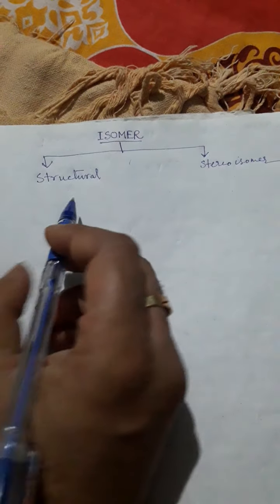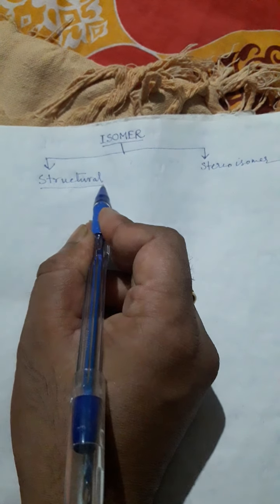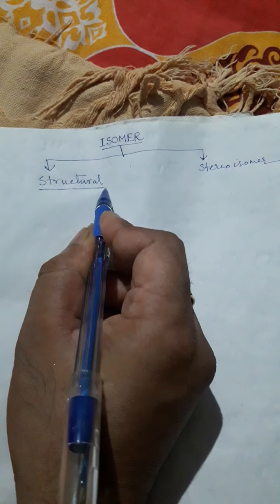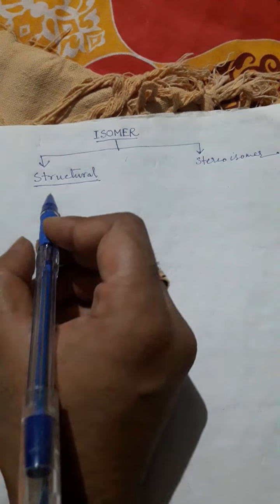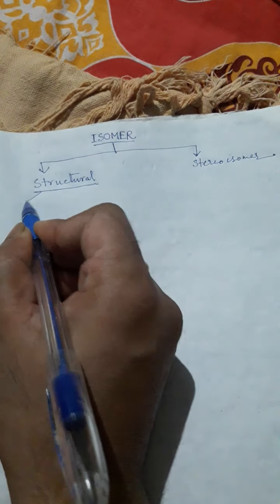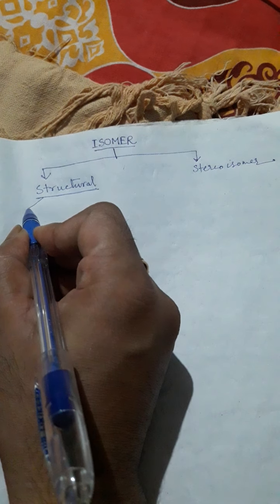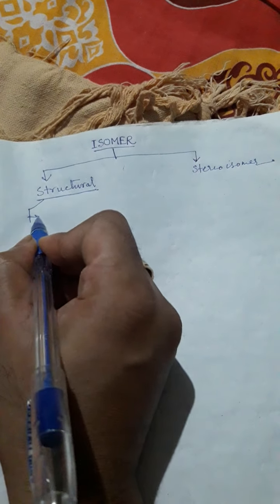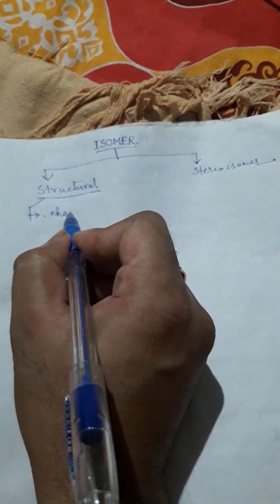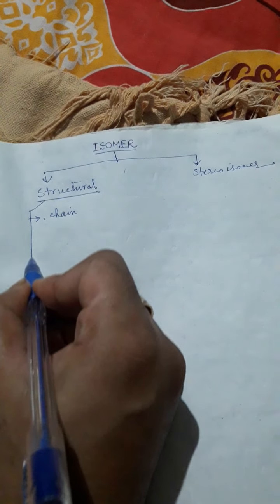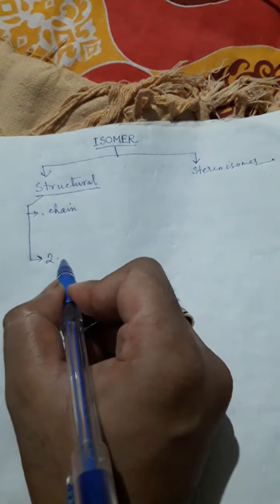Structural isomers means isomers having differences in their structural orientation. Again, structural isomers are of 5 types. What are those? 1. Chain isomer. 2.